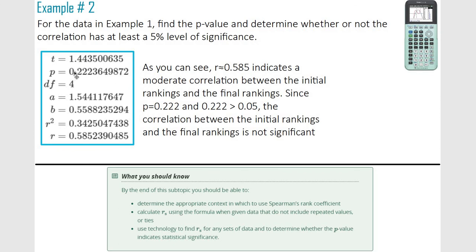Our p-value is 0.22, which is greater than 0.05, which makes that correlation very likely. A 22% chance of occurring, so that's not significant. Under 5% would be significant. That's what the level of significance means.